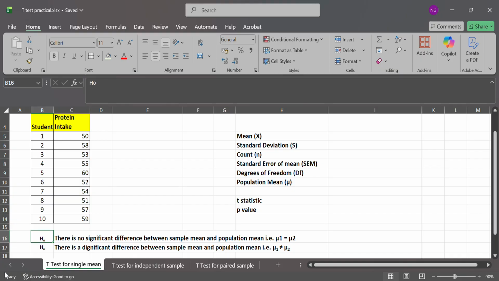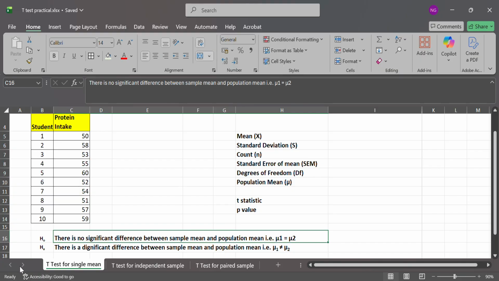In this case the null hypothesis will be there is no significant difference between sample mean and the population mean. That means my mu1 is going to be equal to mu2. We are also going to state our alternative hypothesis, which says there is a significant difference between sample mean and population means, meaning mu1 is not equal to mu2.